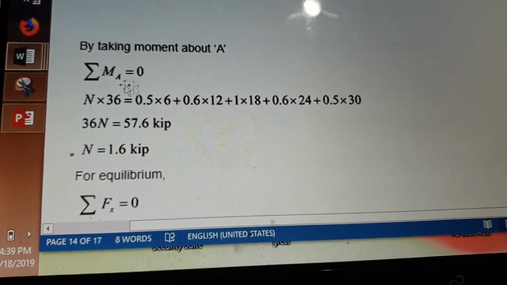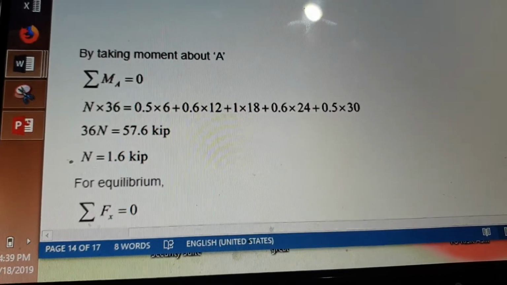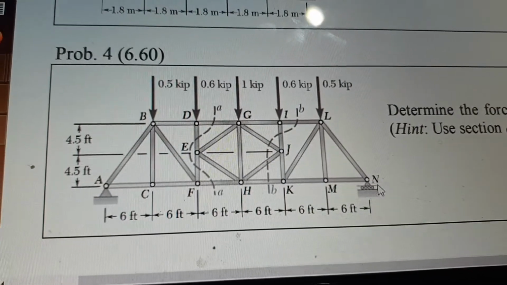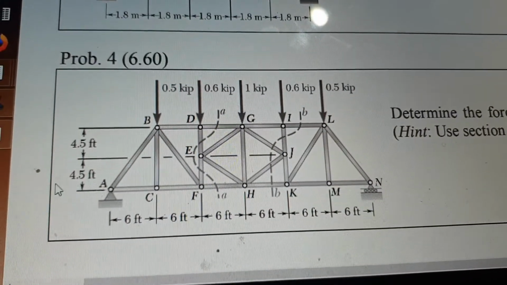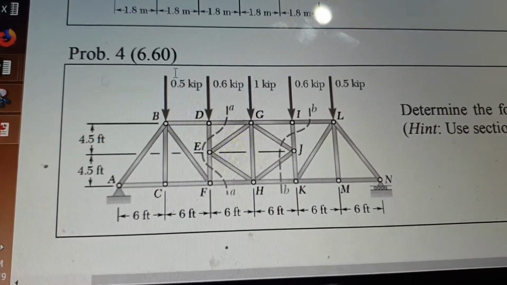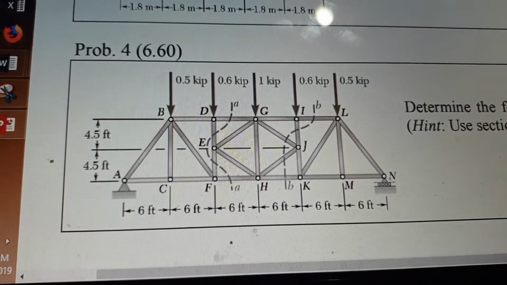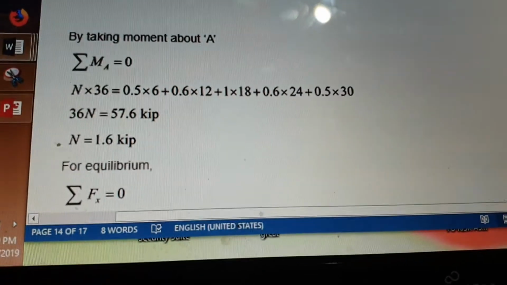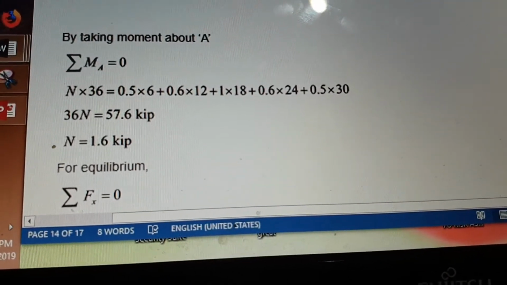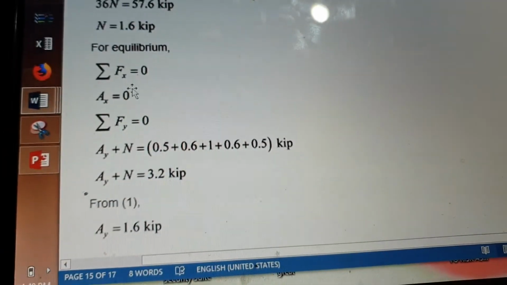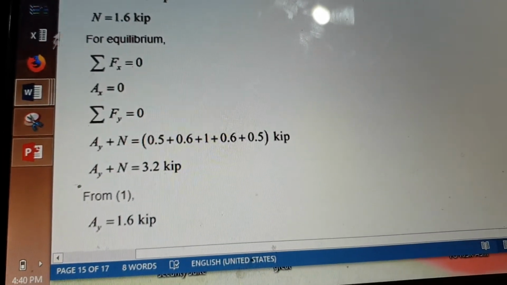Now, this is summation of moment at A. Let's find summation of forces in the x-axis. Remember, there is nothing else in this truss in the x-axis, so AX is equal to 0. Summation of force of X equal to 0, AX equal to 0.